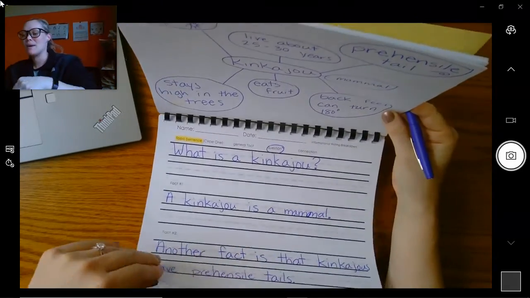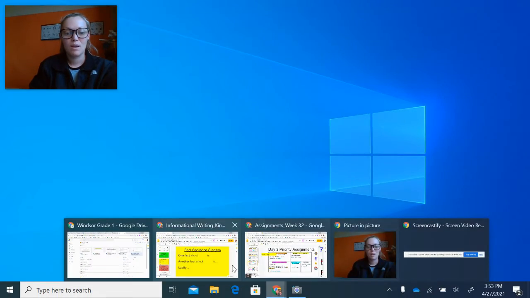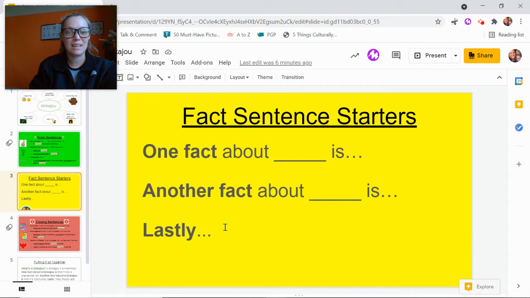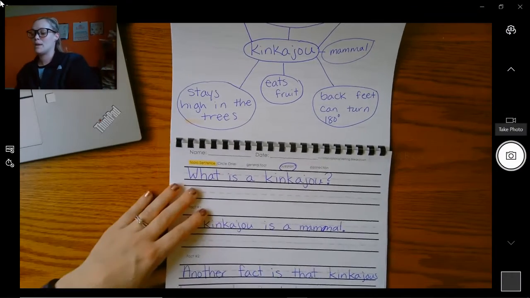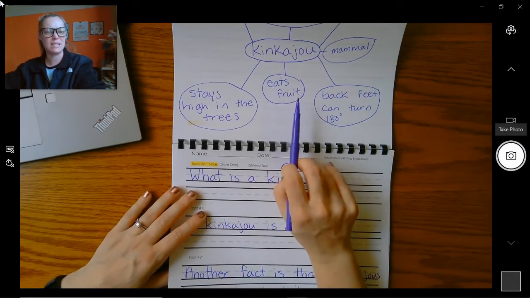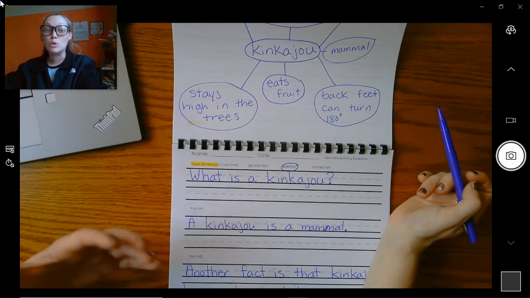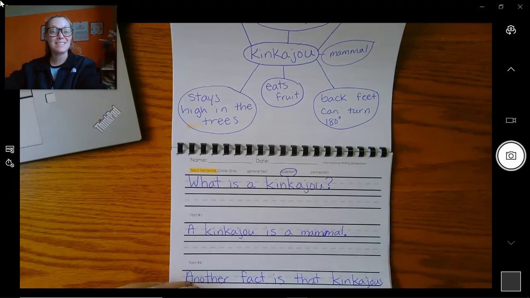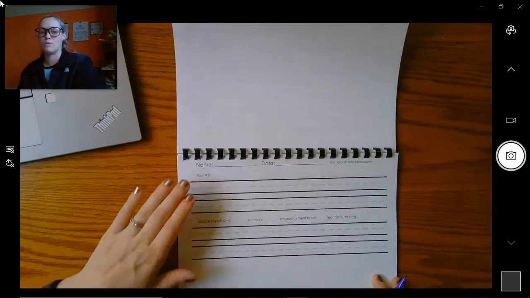So on my next page, I could use lastly, which you'll see on here, lastly, for your last fact. I'm going to turn the page and I'm going to say lastly. Am I going to say lastly eats fruit? Does that make sense? I need to know who or what. Lastly, the kinkajou eats mostly fruit.